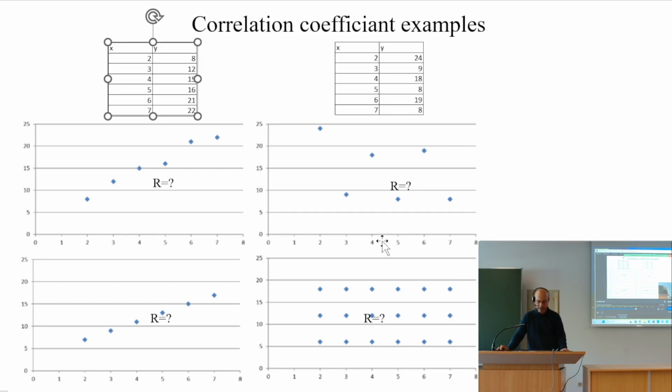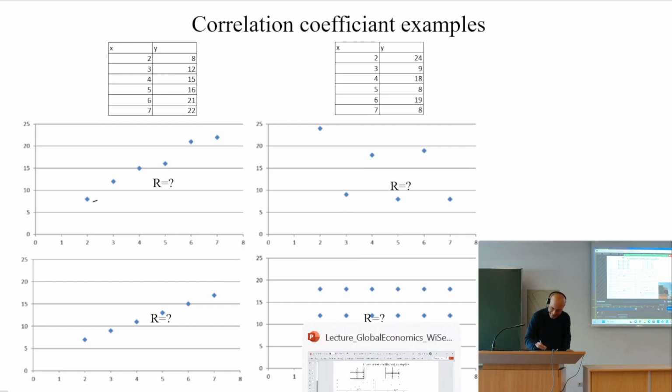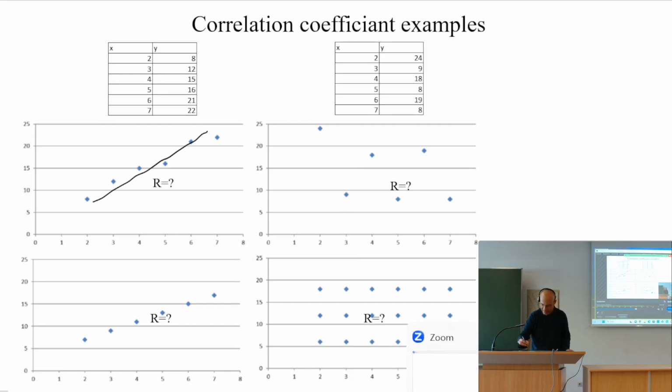High number or a lower number? Anybody? So maybe here you have some regression line which is quite close to the data points. And then in the neighborhood of 0 or more in the neighborhood of 1.